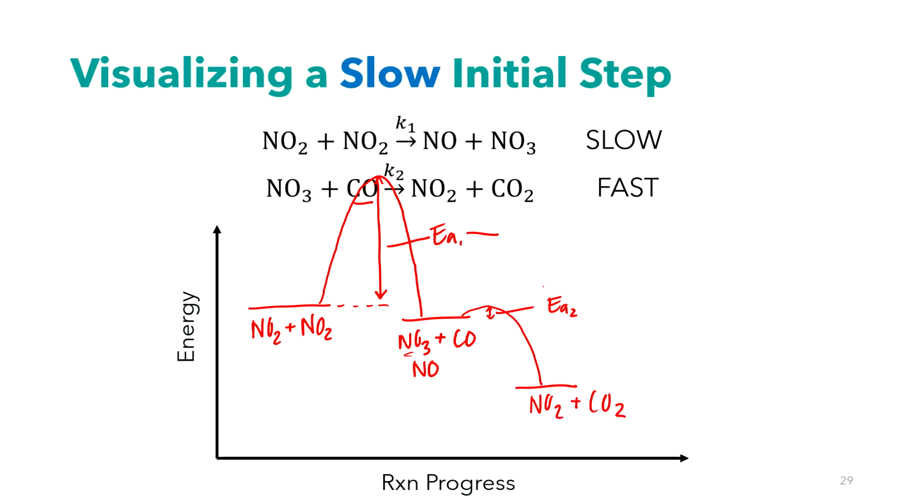So that's our slow step. This is our fast step. How long it takes is just dependent on how long it takes me to get that NO2 to hit another NO2 to make NO3. And then it will go forward.